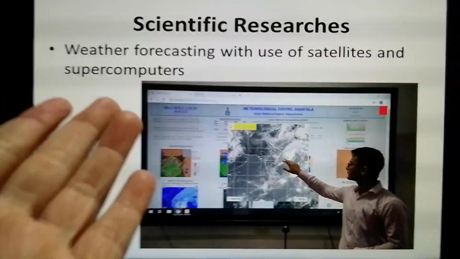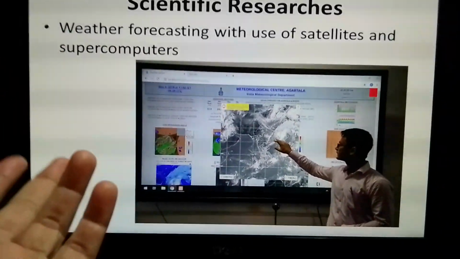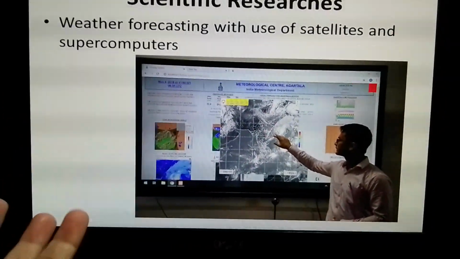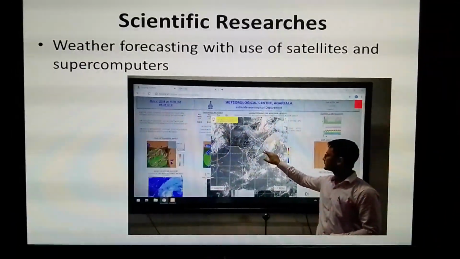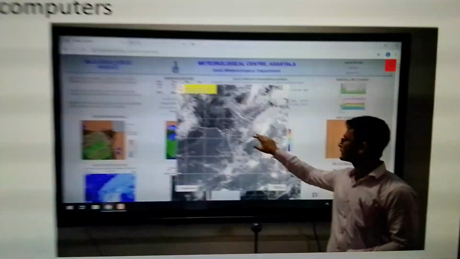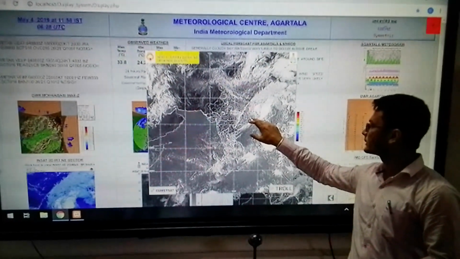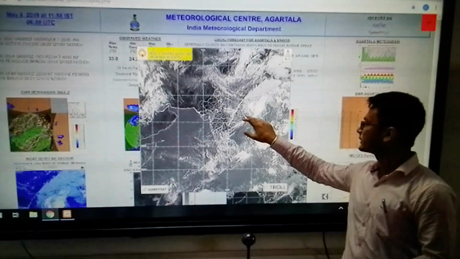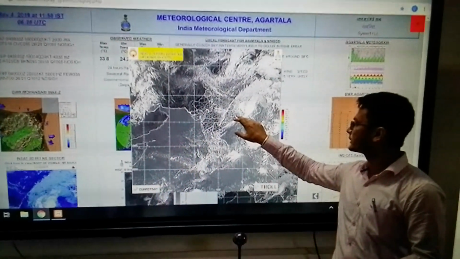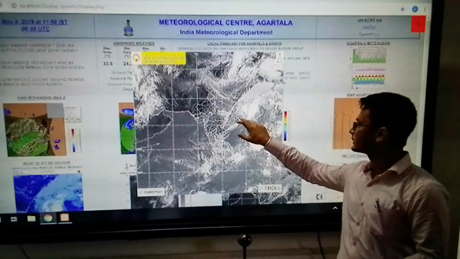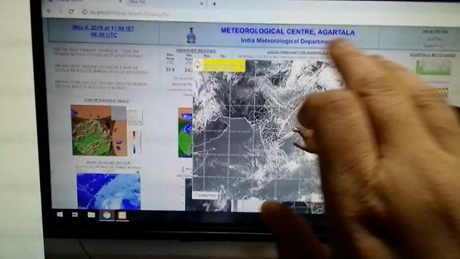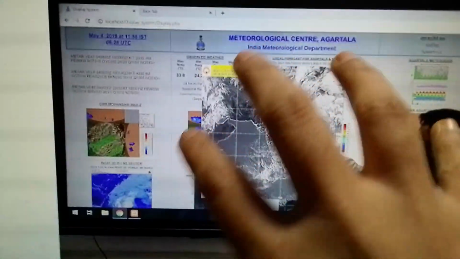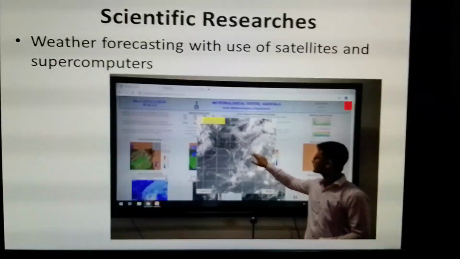A supercomputer is used mainly for complex, large calculations. In the picture you can see the person explaining the weather of India, one of the states, actually Agartala. He is explaining the weather of some state, country, or city, and that is done with the use of satellites and supercomputers.